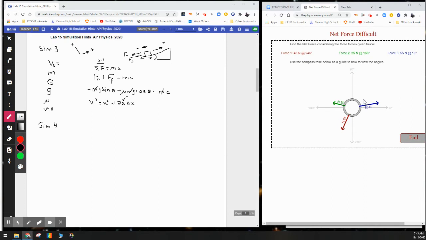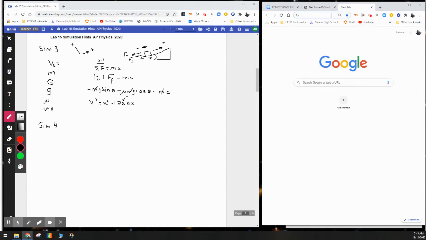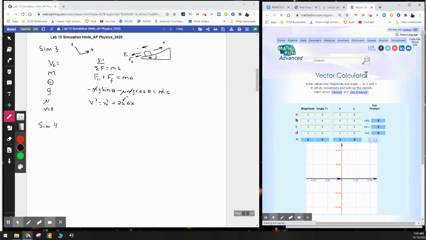Here we have our object, and we have various forces acting at certain angles. In fact, it tells us the magnitude and direction up here. We can either do it by hand, or I'll go up here to the vector calculator and select this one right here, the Math Is Fun one.